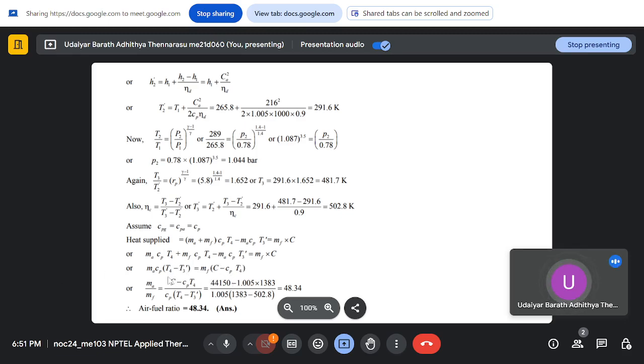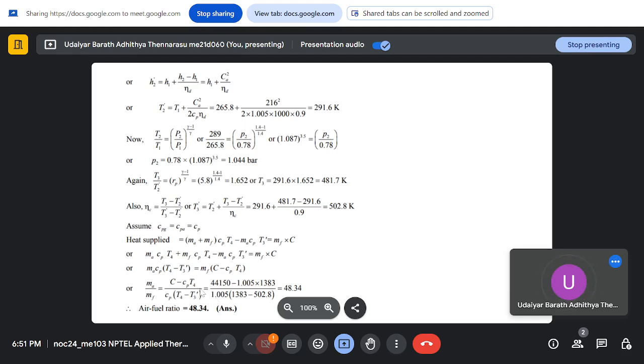So now we get the air fuel ratio, Ma by Mf will be your calorific value minus Cp of air into temperature at the turbine inlet divided by your enthalpy change per kg of air. So Cp into T4 minus T3 dash.